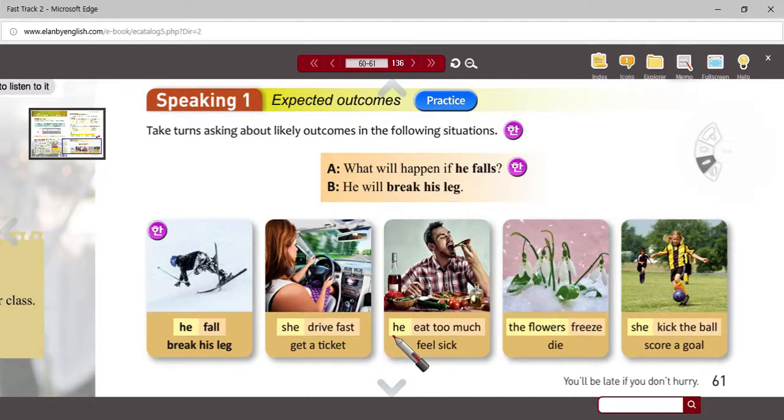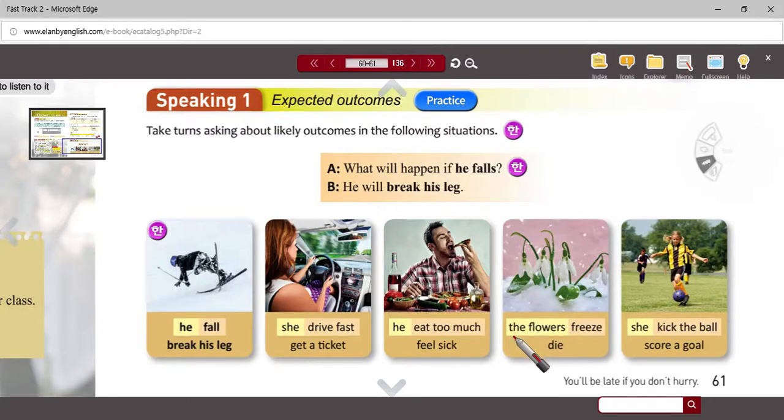Next one. What will happen if he eats too much? Okay. He will feel sick. If he eats too much, he will feel sick. Although the food looks pretty healthy, but not too much. What will happen if the flowers freeze? Okay.